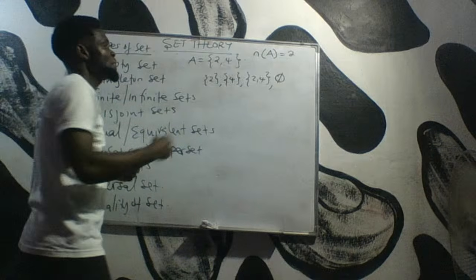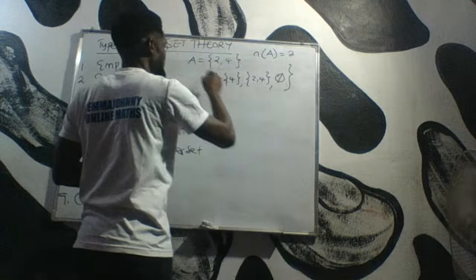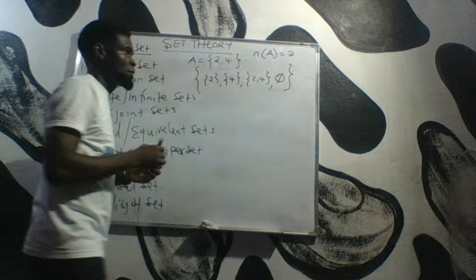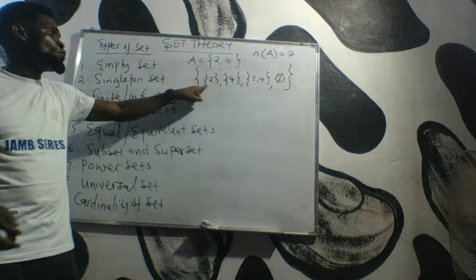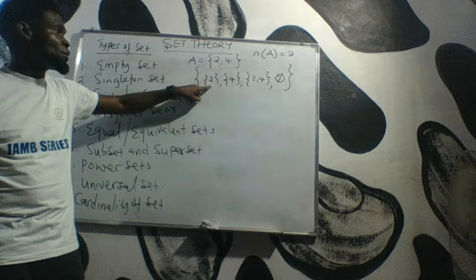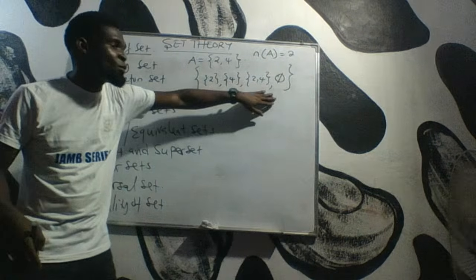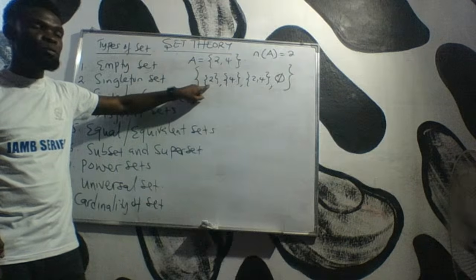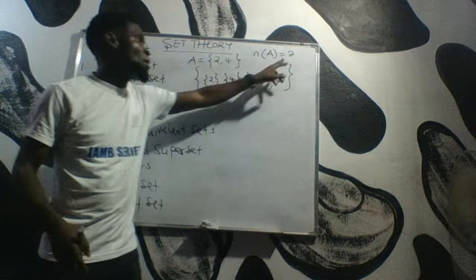Then if I put it in a curly bracket, this is no longer a set. It is now an element of this particular set, because it is inside a curly bracket.